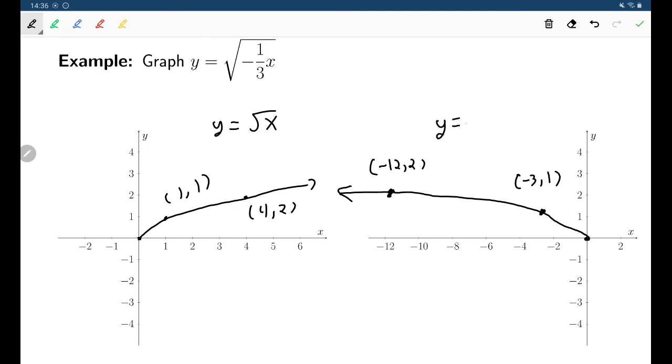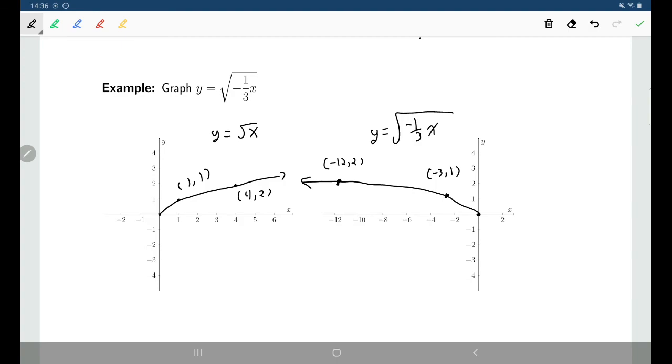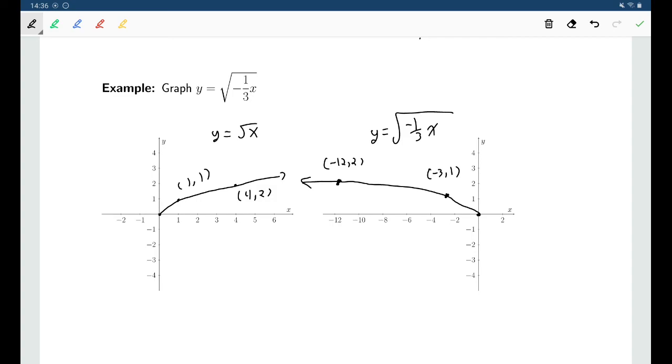And there we go. We have our graph of y equals root of -1/3 x. And you can see it's 3 times wider than the original square root graph, and it's also been reflected in the y-axis.